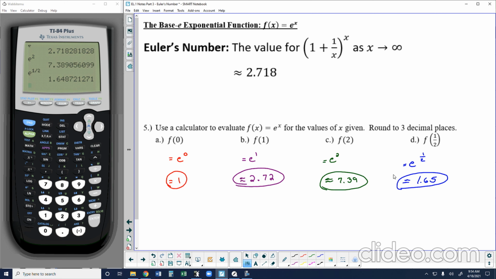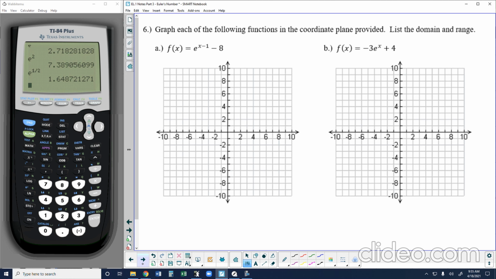Now I also want to take a look at graphing with Euler's number, and we're going to continue with the transformations that we saw previously. Here in problem 6a, we want to graph the function. The base b is going to be Euler's number, that irrational expression, approximately 2.718.